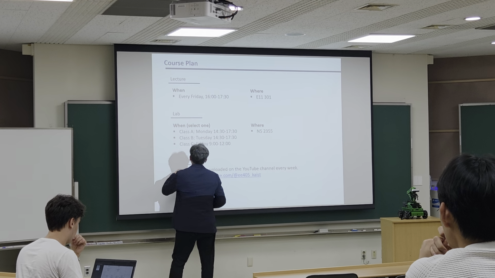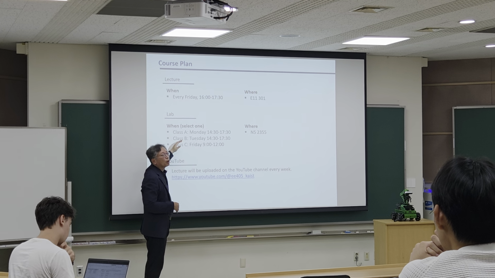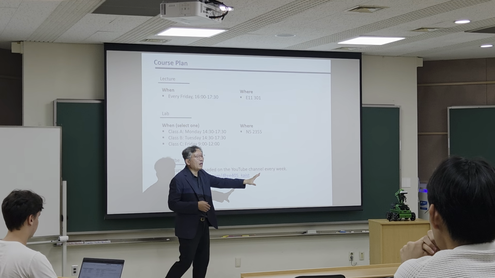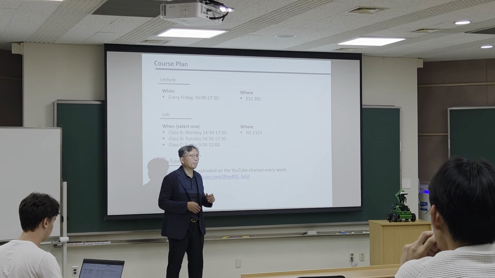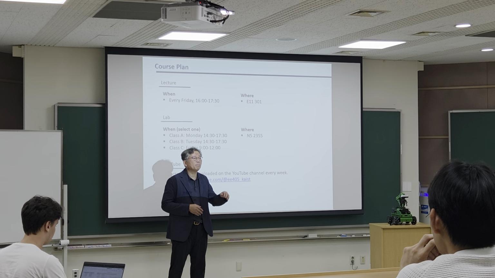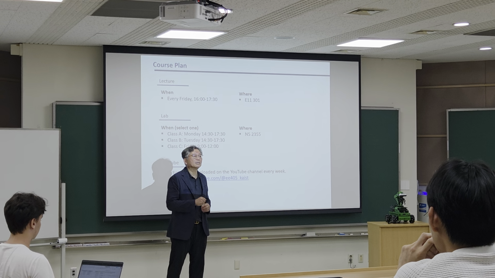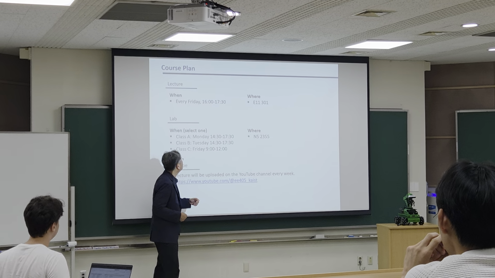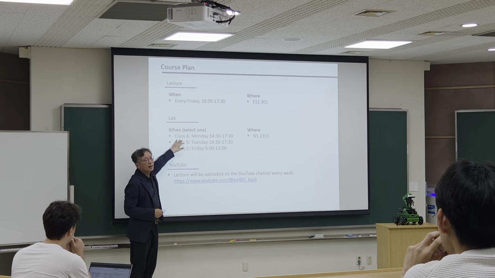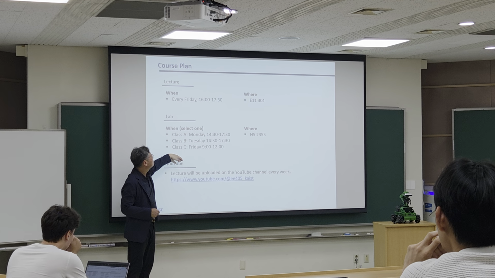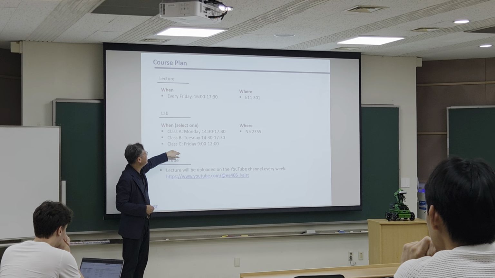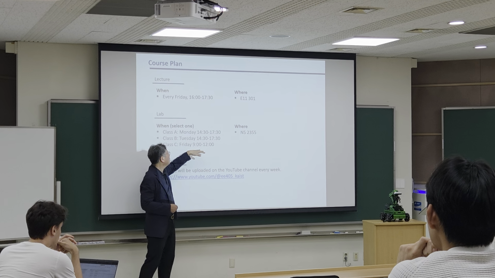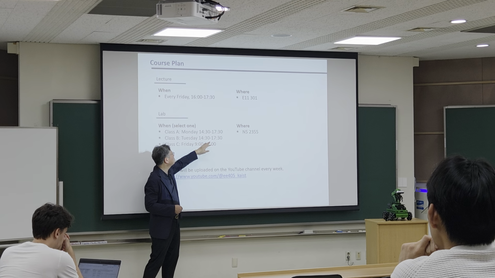So you select the team. So as I said, there will be 12 robots available per team. And there are 3 members in the team. Okay? And each team will select one of these labs. Okay, Class A, B, C. A means Monday from 2:30 to 5:30, and so forth.